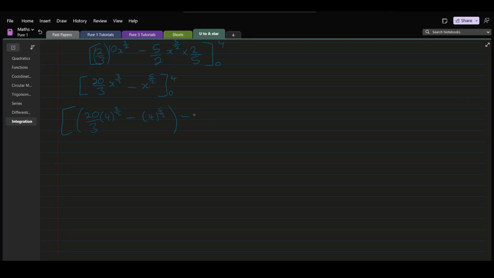Now if you substitute 0, we just end up with 0, so I'll just write a 0 over there. And now let's simplify that. Punch that into your calculator. 20 over 3 times 4 to the 3 over 2 minus 4 to the 5 over 2, and that gives us 64 over 3, and this is the area under the curve. This is the area of the shaded region.